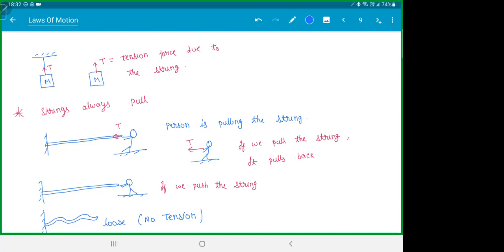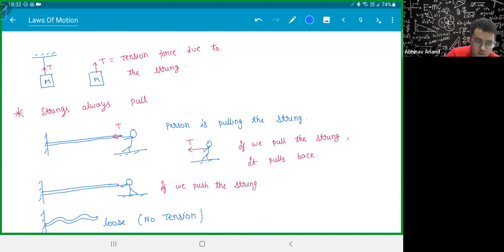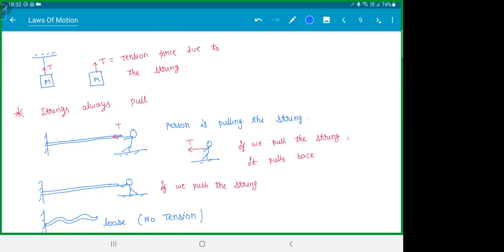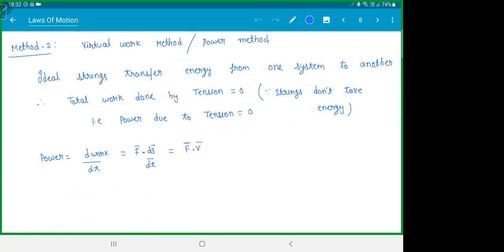That is one thing you should know. Have a look at this bit. So this is a little about tension. Strings always pull, and this is the basis we'll use even in free body diagrams, the next part. All clear with this?